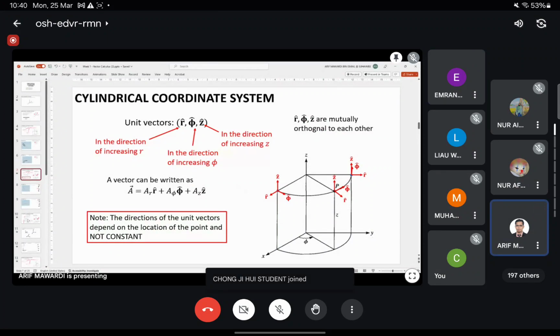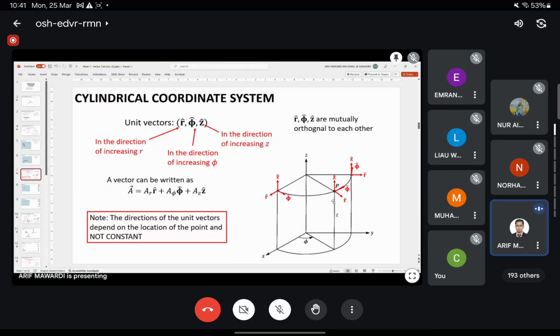Okay. Alright. So these are the unit vectors. In the cylindrical coordinate system, maybe I will not put it in full screen mode. Maybe just this one. I believe you can see it. So r hat is in the direction of increasing r, phi hat is in the direction of increasing phi, and z hat is in the direction of increasing z.